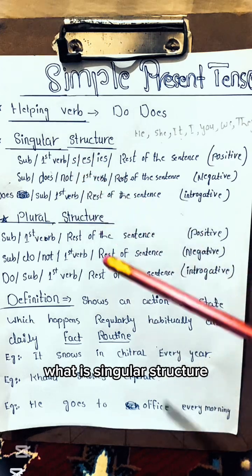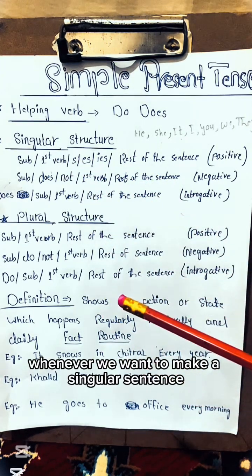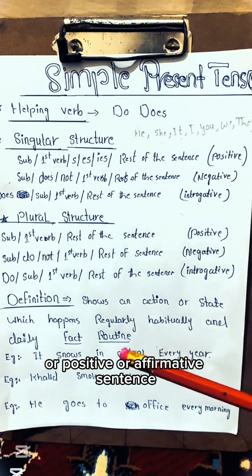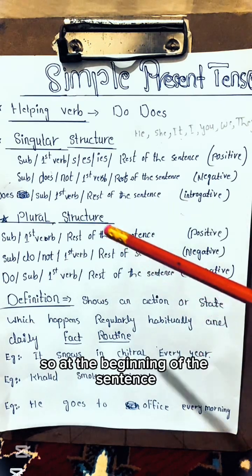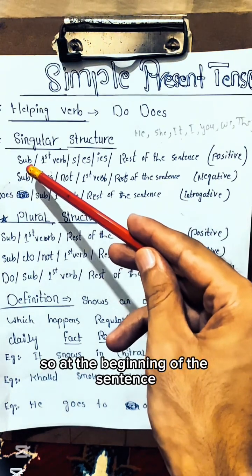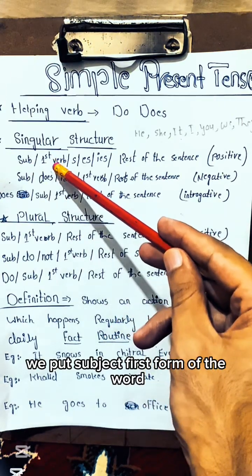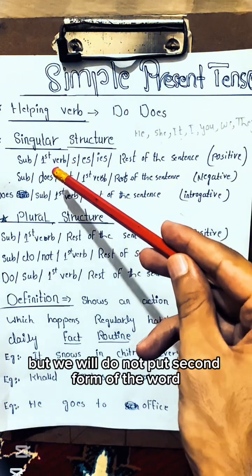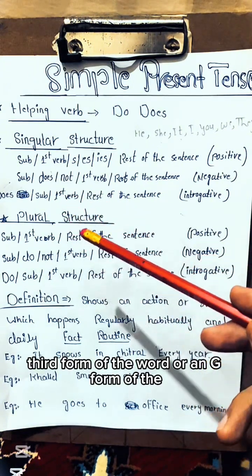So let's come to the singular structure. Whenever we want to make a singular sentence, a positive or affirmative sentence, we use this structure. At the beginning of the sentence we put the subject, then the first form of the verb. We have different forms of the verb, but we will not put the second form, third form, or ing form.